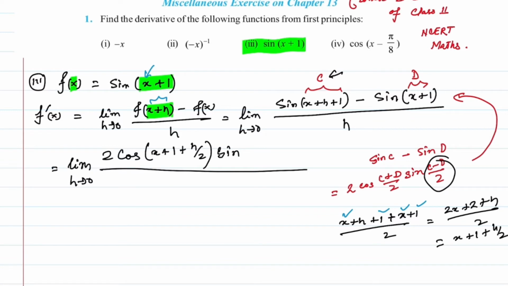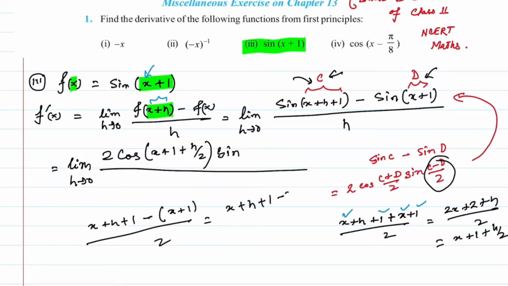So what will be c minus d by 2? C is this one and d is this one. So x plus h plus 1, this is c, minus d, where d is x plus 1, by 2. If you simplify this, you have x plus h plus 1 minus x minus 1 by 2.